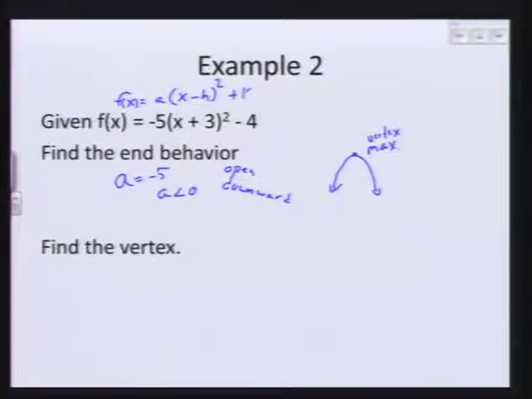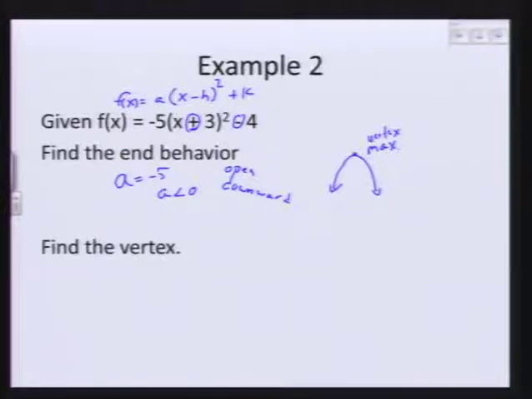plus k. All right, so what we have to do is look at this a little bit differently, because notice that our sign here in between the x and the 3 is positive, and our sign in front of the 4, which is our k, is negative. So this is opposite to what we think.